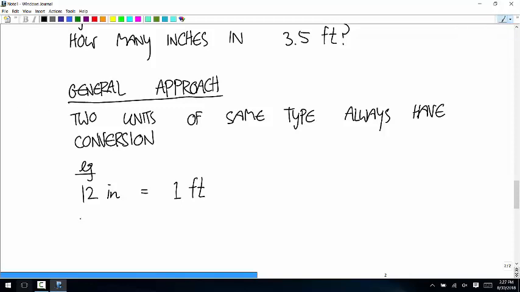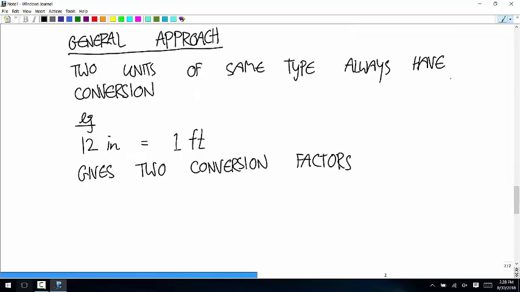And that produces two, what I'm going to call conversion factors. Both of those are just 1 divided by the other one. So the two are 12 inches over 1 foot, and 1 foot over 12 inches.